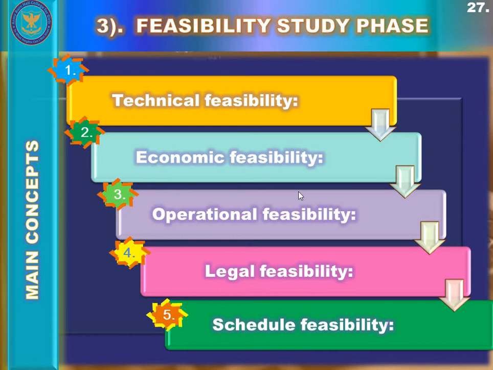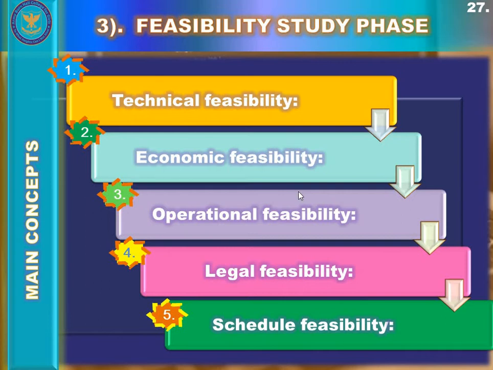It will ultimately determine the positive economic benefits to an organization, as the system analyst will identify which solution is more cost effective for the organization. So in economic feasibility, the cost benefit analysis is done by the system analyst.